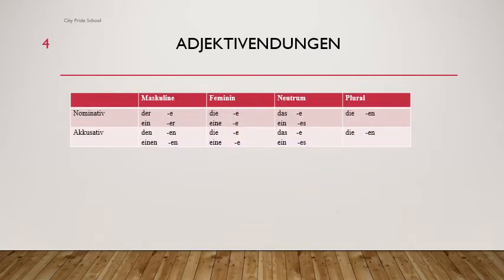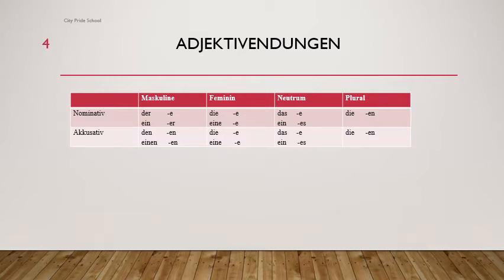This is the table which is used with articles. Articles include everything: definite articles, indefinite articles, demonstrative pronouns, possessive pronouns, negation, all these categories come under article. So whenever there is an article given before the adjective, you have to refer to this table.